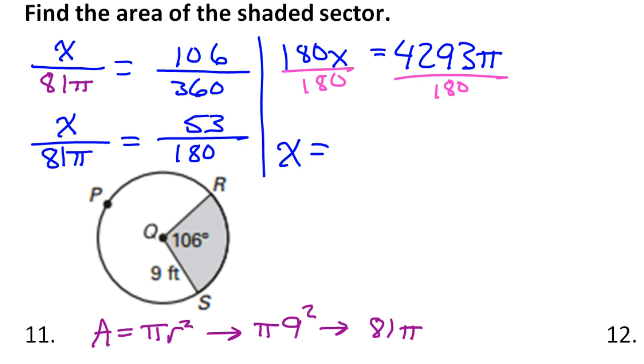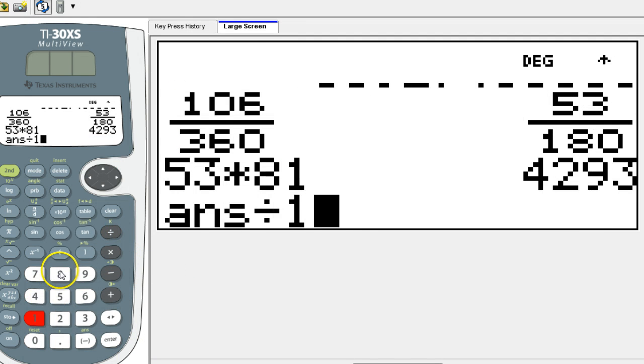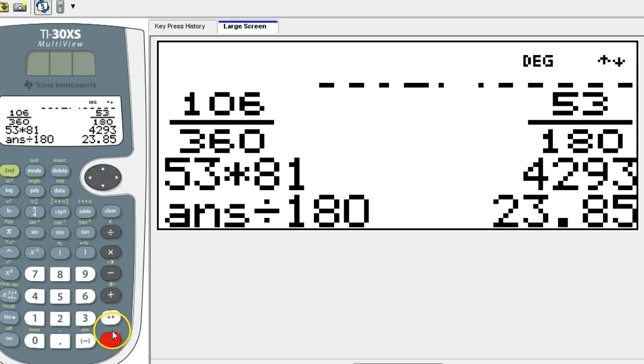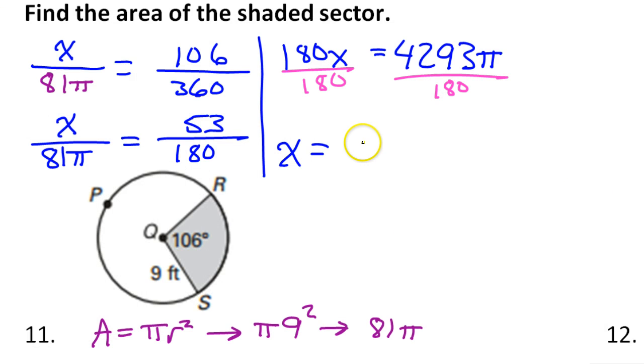Let's see if this divides or not. Divided by 180. Okay, so an exact answer would be 477 pi over 20.